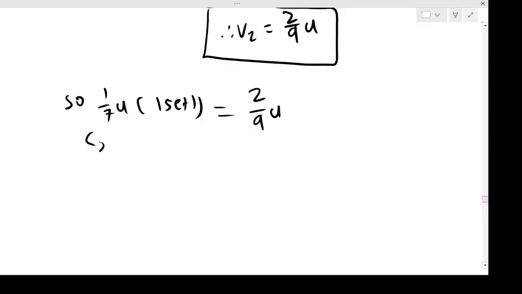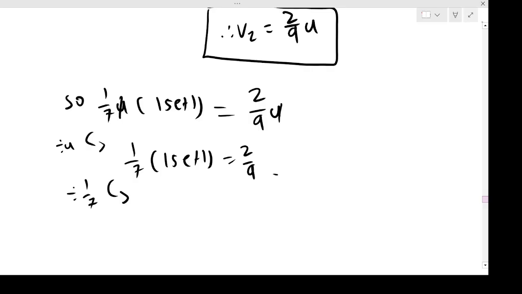Actually, I can get rid of the u's straight away, cancel the u out. So we just get a 7th of 15e plus 1 to be 2 over 9. Then if we divide by a 7th to get rid of the 7th, that means 15e plus 1 is going to be 2 over 9 divided by 1 over 7. And that will get me 14 over 9.